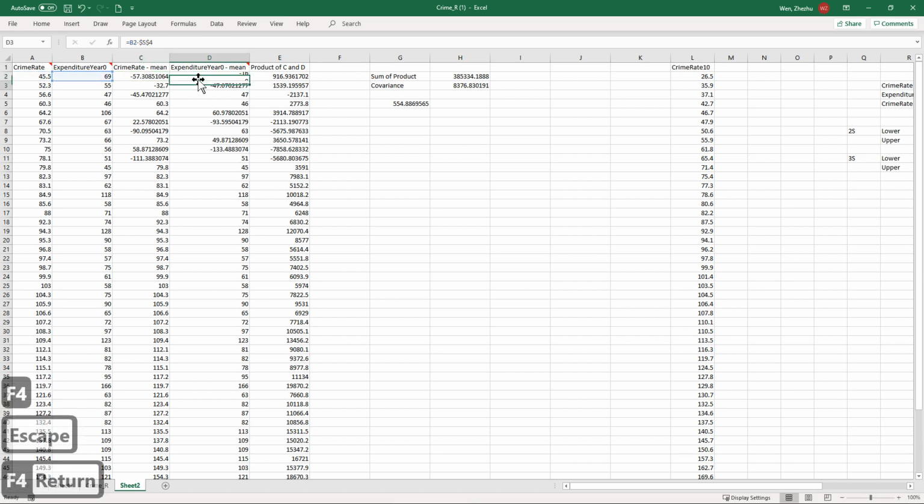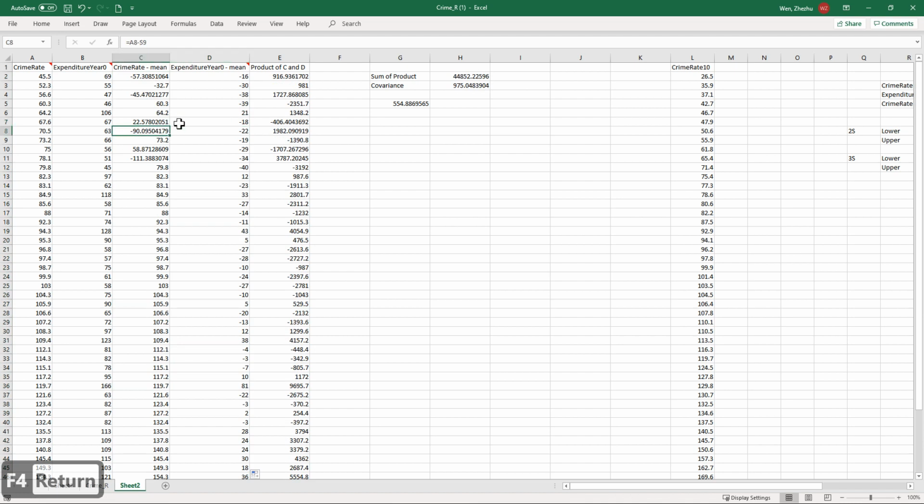How come I made this goofy mistake? So these two are things you need to adjust. You double click, and the rest will get adjusted automatically. This is the product of these two. Did I make some other mistake? It looks like this one was not updated for some reason.